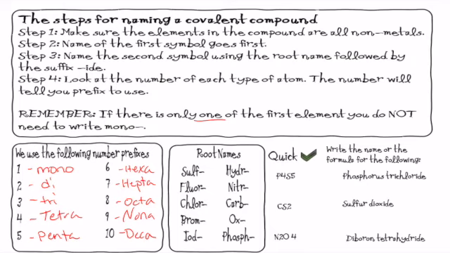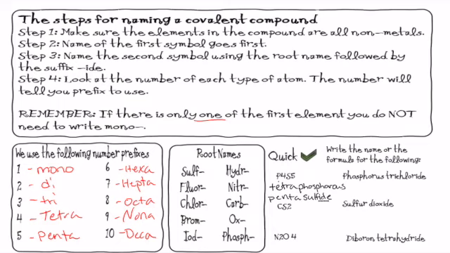So look at the names on the quick check. We have phosphorus, and there are 4 of them. So we have 4 phosphorus, that would be tetra phosphorus. We have 5 sulfurs, so 5 is penta, and then sulfide. So we use the ide ending.